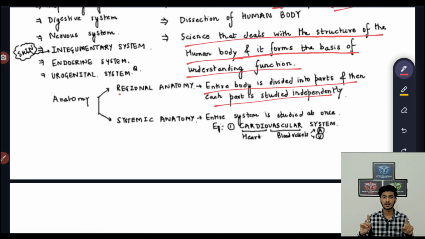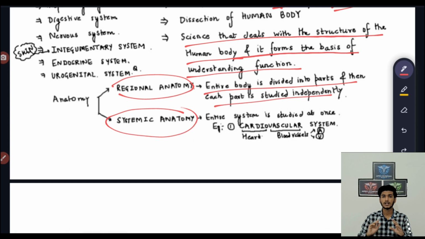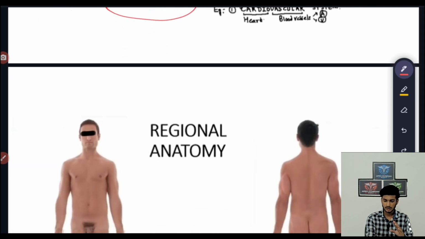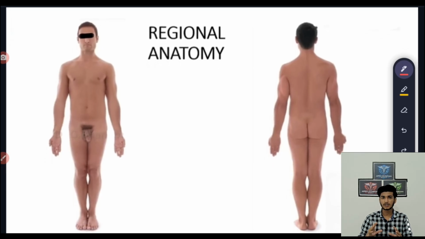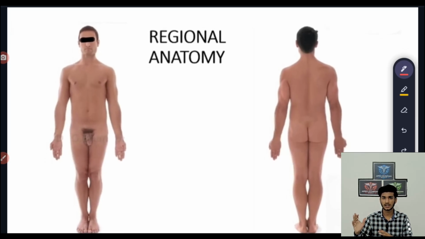First is the regional part and then the systematic part. In regional part, you will study the entire body, but divided into smaller parts, and you will be learning them independently.